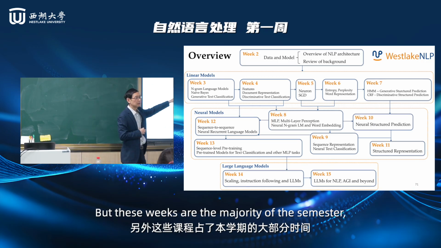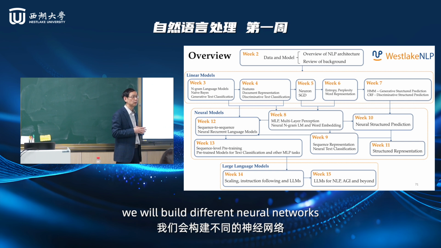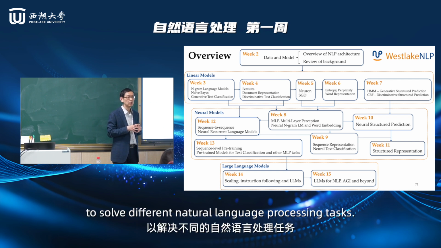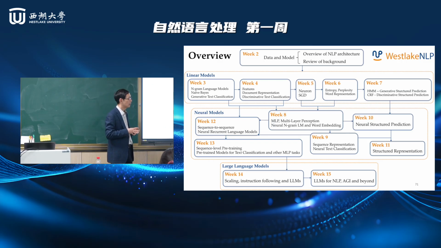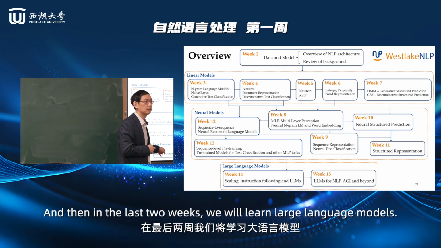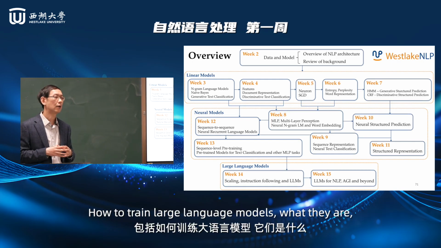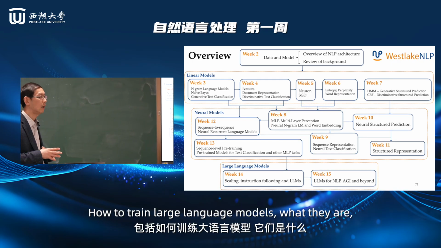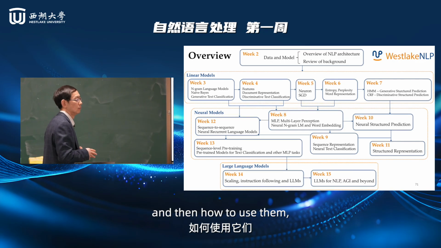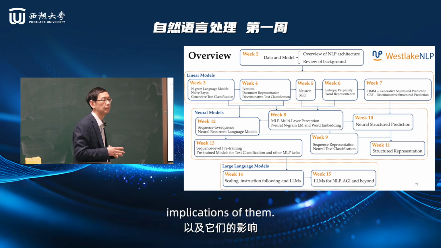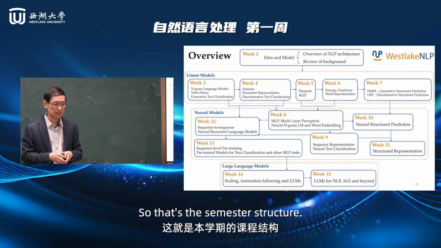But for the majority of the semester, we will build different neural networks to solve different natural language processing tasks. And then in the last 2 weeks, we will learn large language models: how to train them, what they are, how to use them, and their implications. So that's the semester structure.